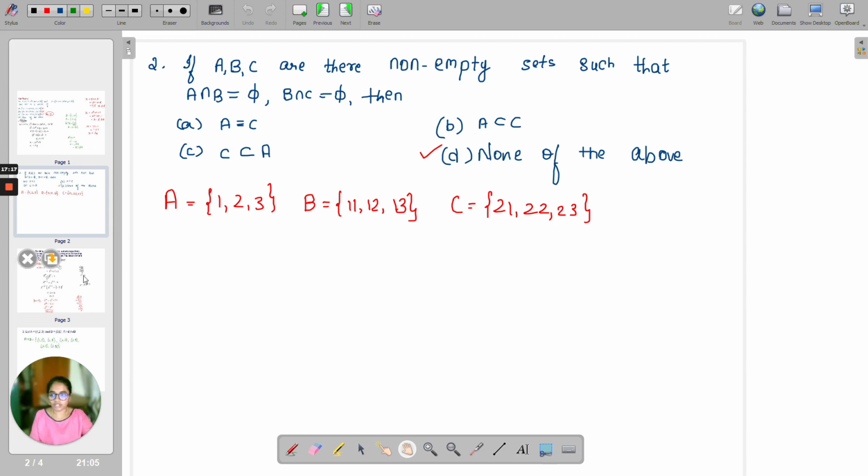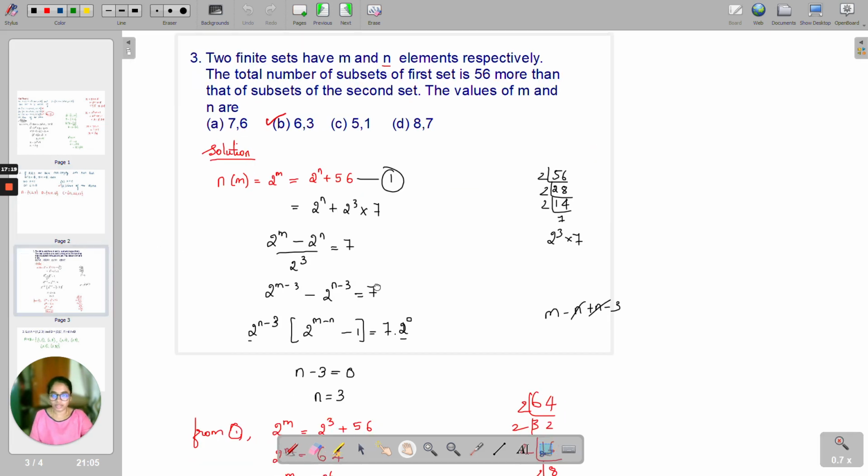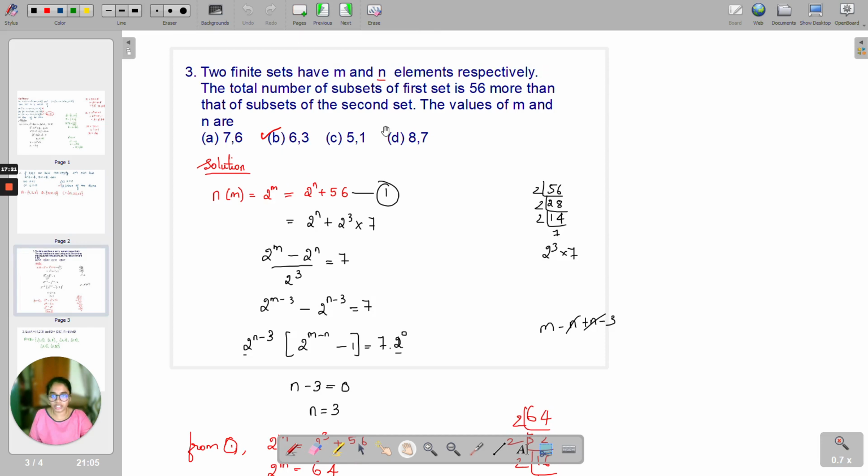Yes. For the third one, they have mentioned that the total number of subsets of the first set. So which was the first set? M, right? 2 power m. So that is how we denote the total number of subsets. They've said that this is 56 more than that of the subsets of the second set.